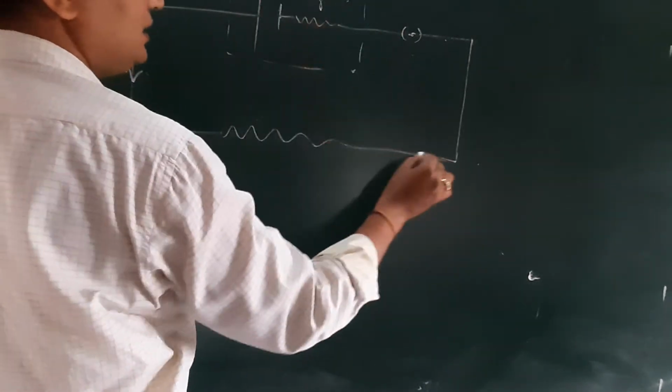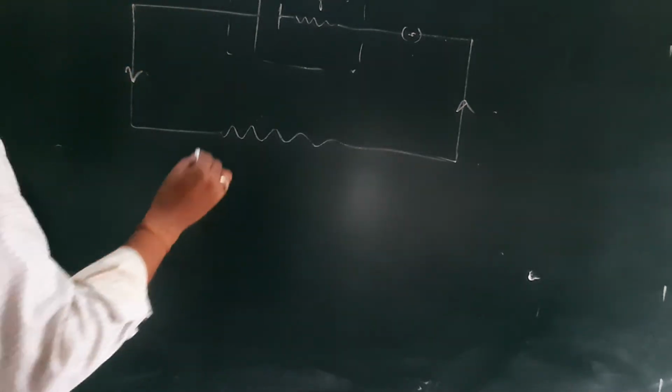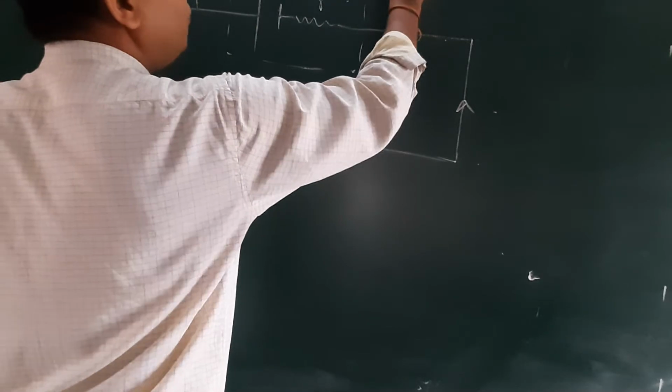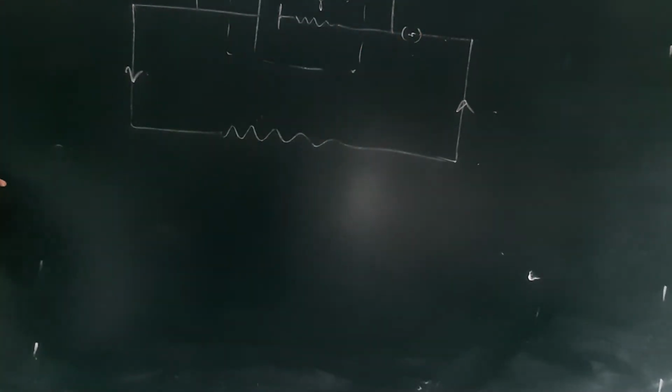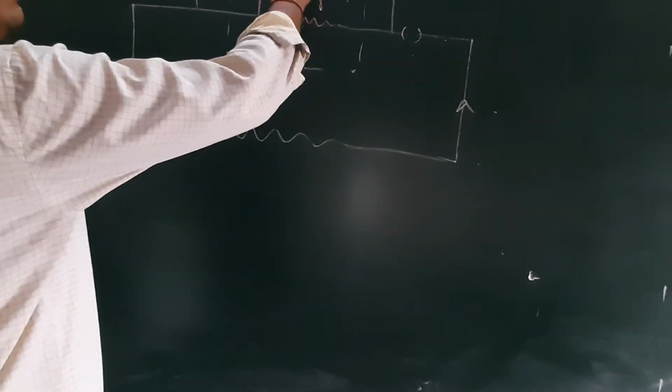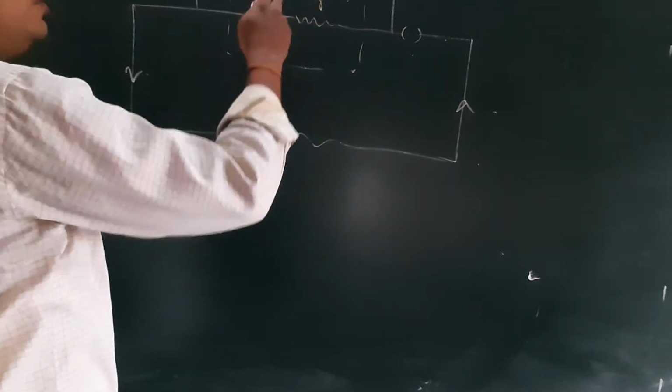This is the internal resistance. Then the reading of voltmeter will be terminal potential difference. And if the key is open, the reading of voltmeter will give you EMF of the cell.